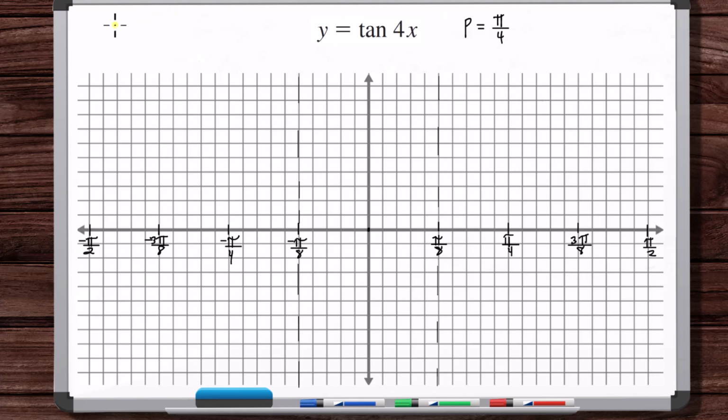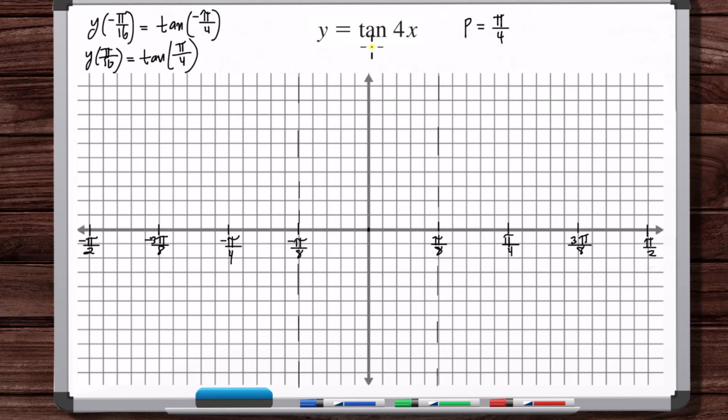So we want y of minus pi over 16, which is tangent of 4 times minus pi over 16, so that's minus pi over 4. And then y of pi over 16 is tangent of pi over 4.